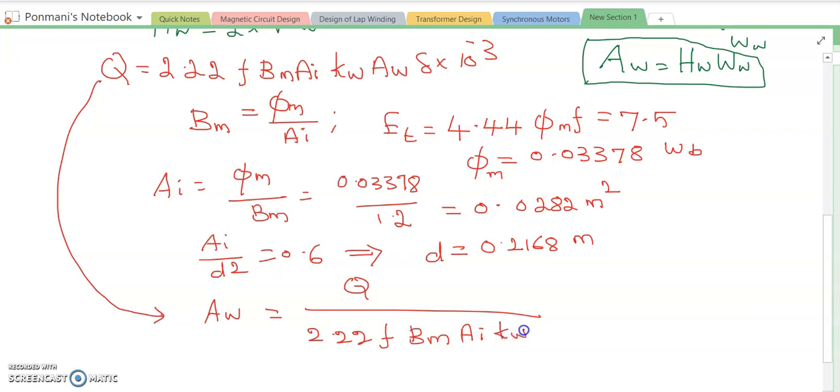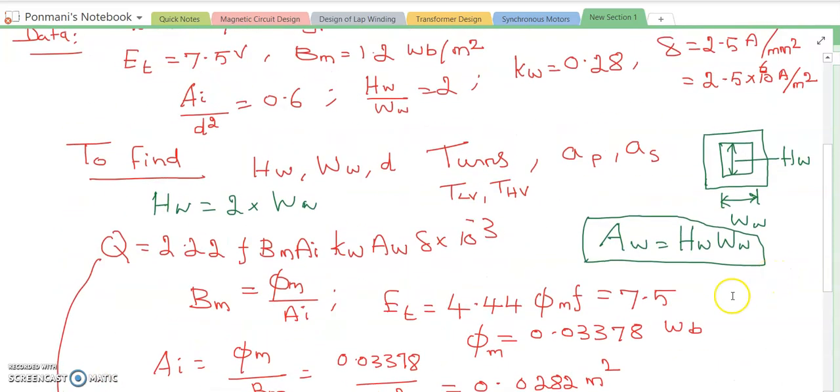We can substitute all the parameters. Everything is known to us now: KW into delta into 10 to the power minus 3. So on substituting everything, you will be getting AW value as 0.038 meter square. So AW is known to us now.